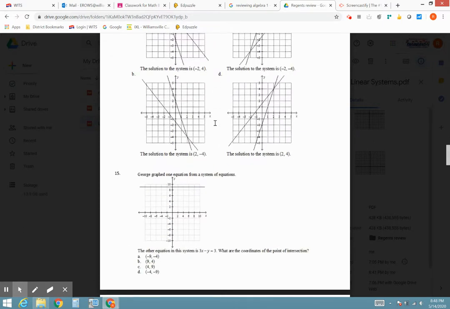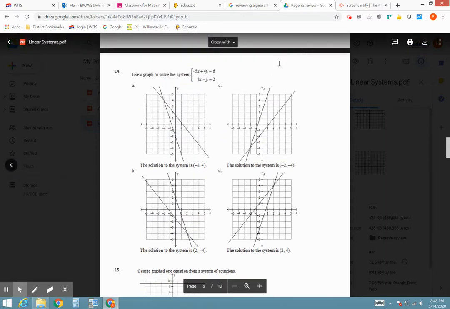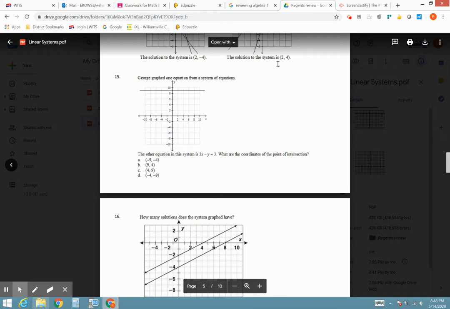Okay. So pick an answer for that one. Sorry, I'll stay there so you can pick your answer. 15. George graphed one equation from a system of equations. Other equation. Okay.